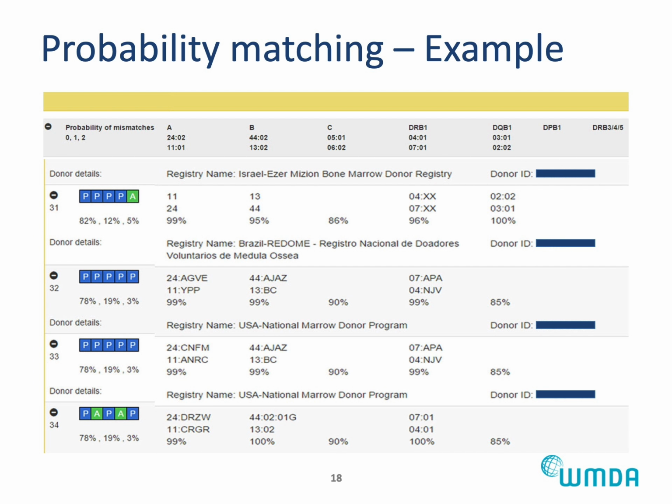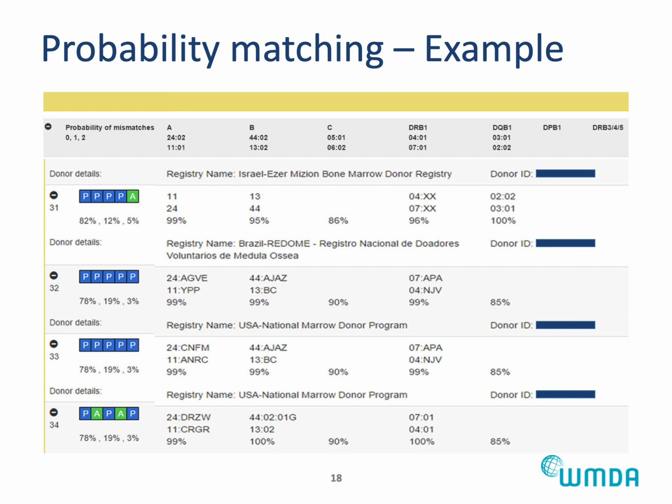Now, this is an example of the probability matching results. If we look at the first donor, there's a 99% chance that the HLA-A alleles, the A11 and the A24, are A1101 and A2402 and are therefore identical to the patient's HLA alleles. For HLA-B, it is a 95% chance that the HLA-B alleles will be identical to the patient.